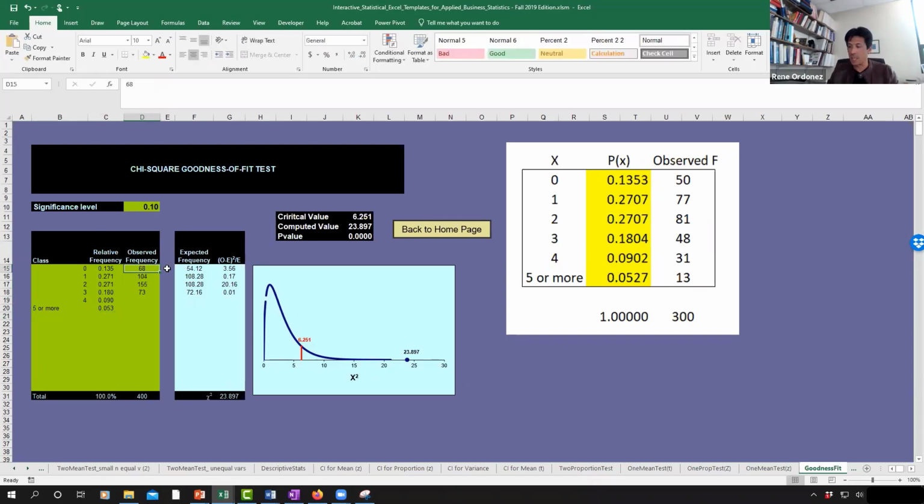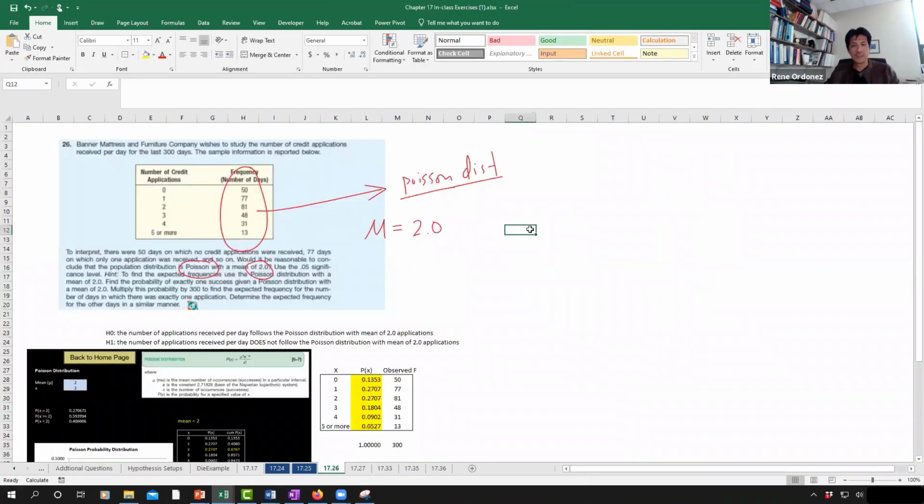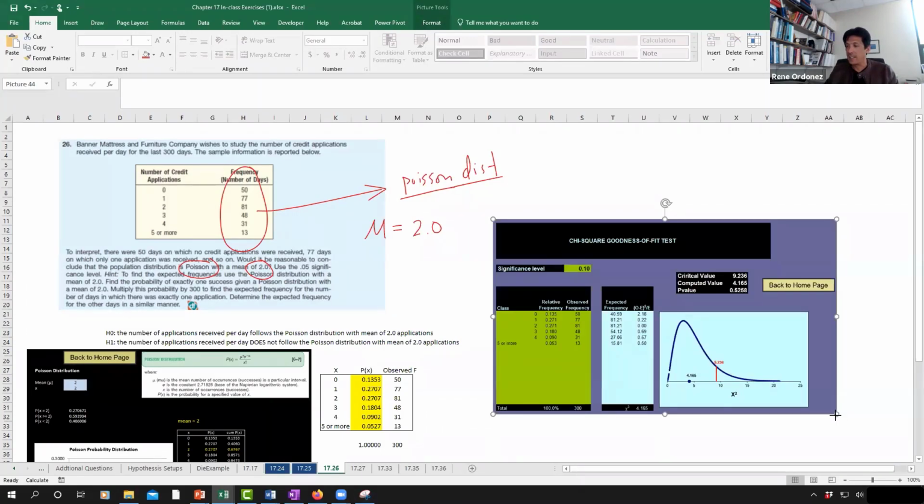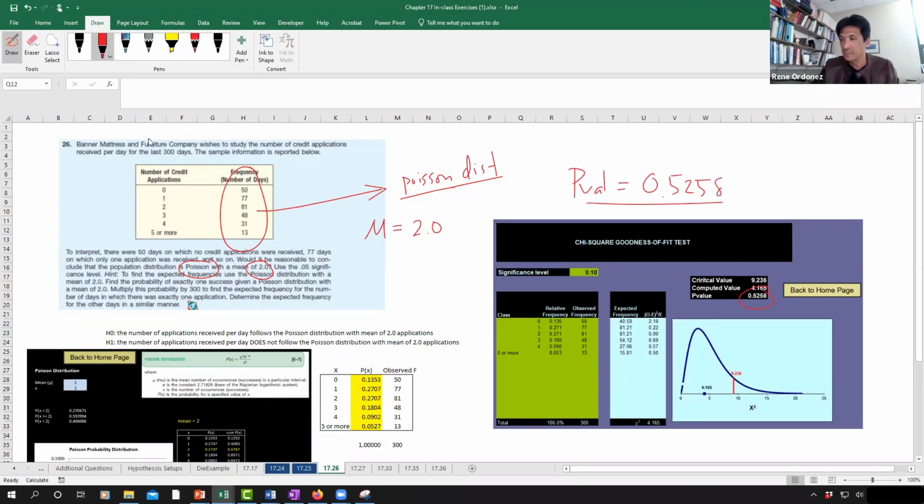The frequencies are 50, 77, 81, 48, 31, 13. So we'll paste that over here. Look at the p-value. Okay. Therefore, we will fail to reject the null hypothesis.